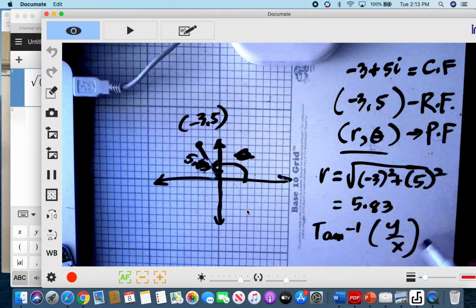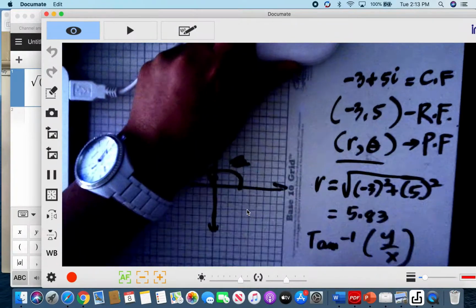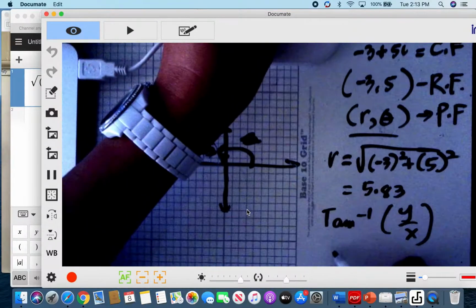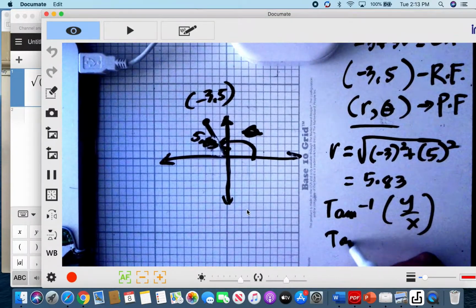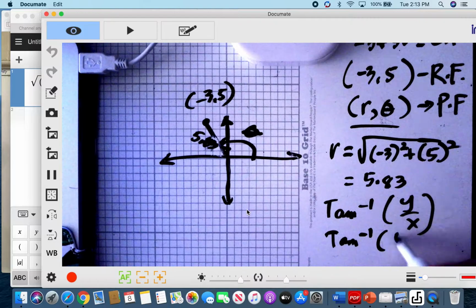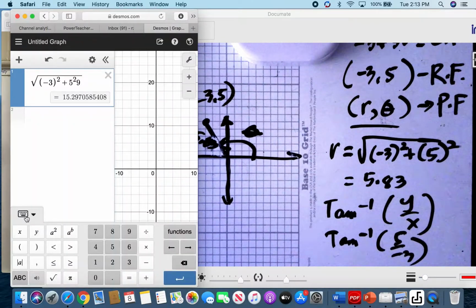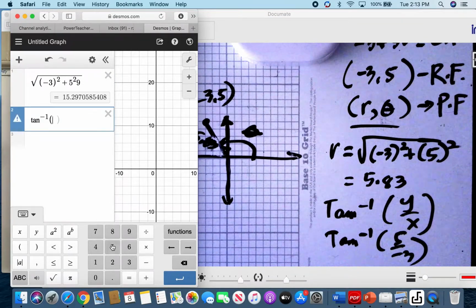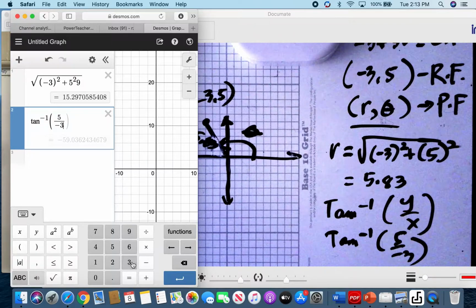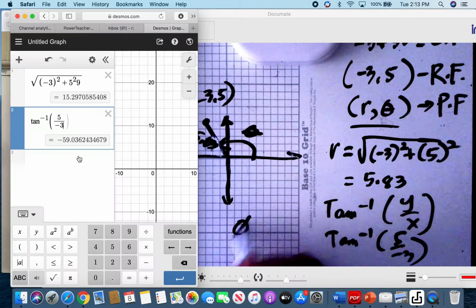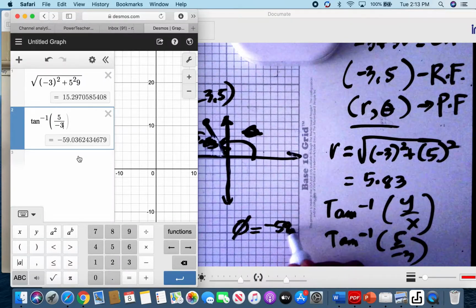So this is equivalent to inverse tangent of 5 over negative 3. Using the calculator, shift tan 5 divided by negative 3 gives us an angle that's equivalent to negative 59.04. So our angle here is negative 59.04 degrees.